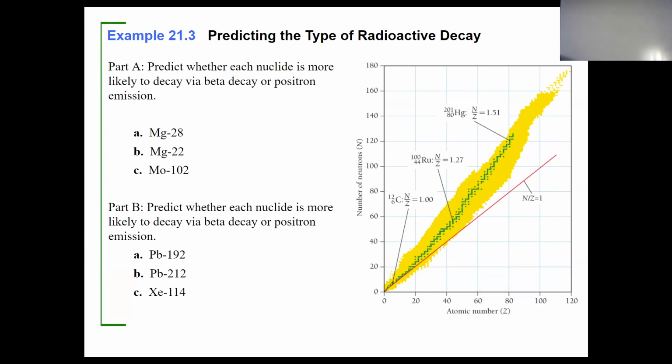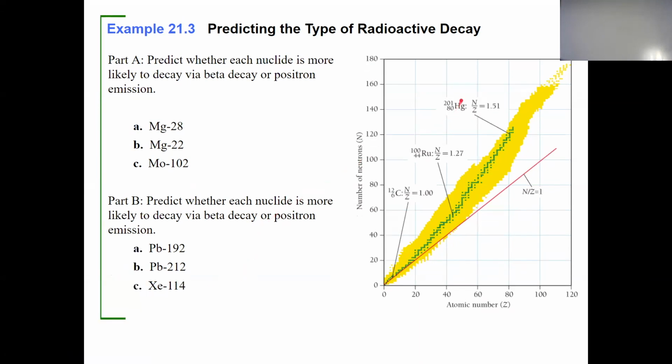When you're looking at this belt of stability, what you're really focusing on is the N to Z ratio, the neutron to proton ratio. Let's take a minute to review some of this stuff, to make sure that we're all on the same page before we start looking at these problems.